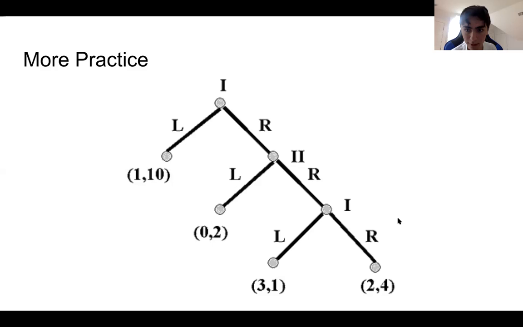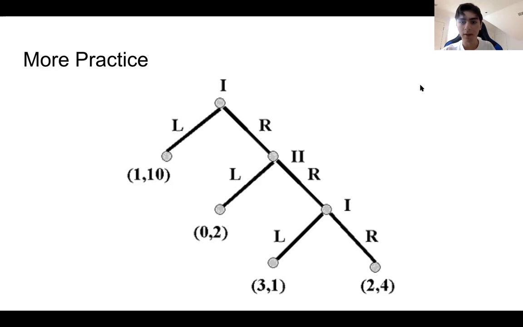Trying to figure out why you would choose right, right, left. Yeah, the correct answer is player 1 immediately goes left, but earlier on, people were saying right, right, left, and I'm trying to figure out why.